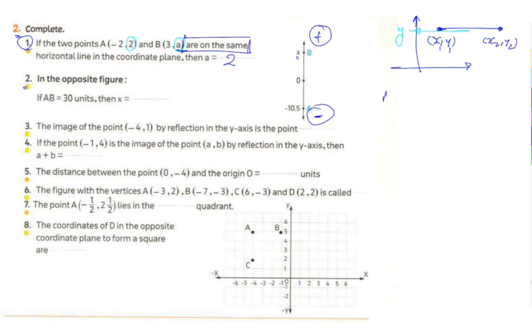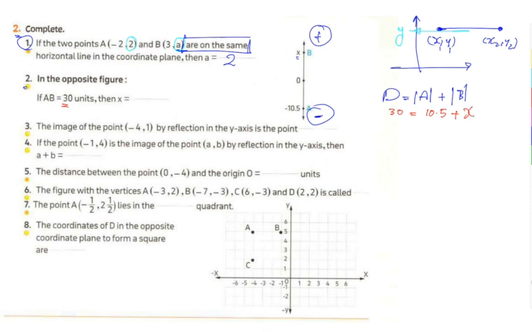So the distance must equal the absolute value of A plus the absolute value of B. I know the distance equals 30. So 30 equals the absolute value of A, which is 10.5 since the absolute value of a negative number is positive, plus the absolute value of B. I don't know the value of B, and the absolute value of x will just be x.